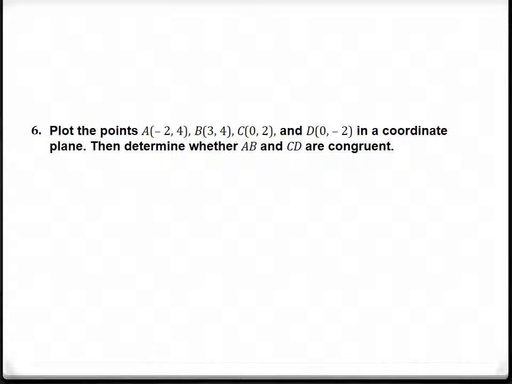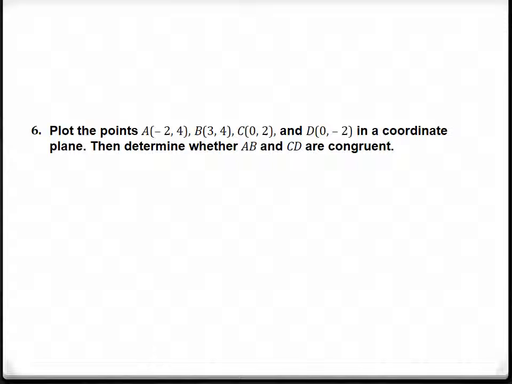You would not move right or left because it's at 0. You would move up 2. For D, you would start at the origin at 0, 0. You would not move left or right since it's at 0, and you would move down 2 units. Then you would connect C and D.